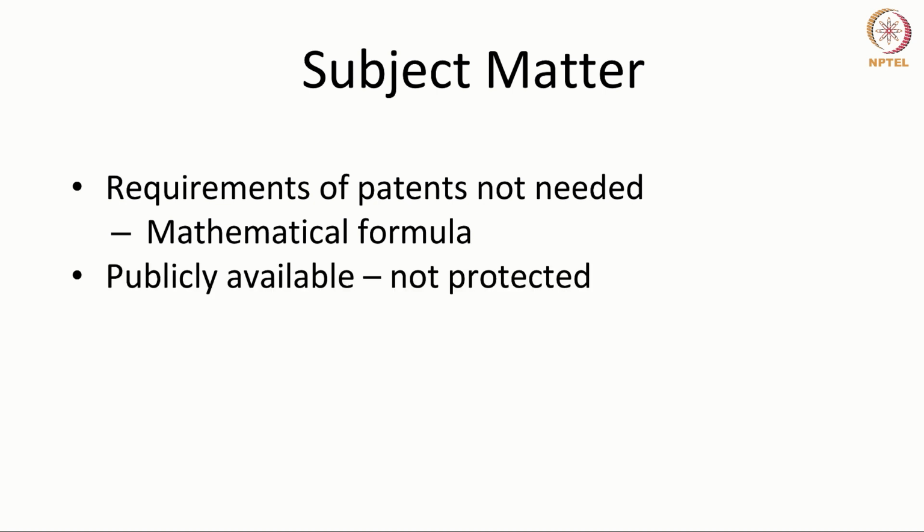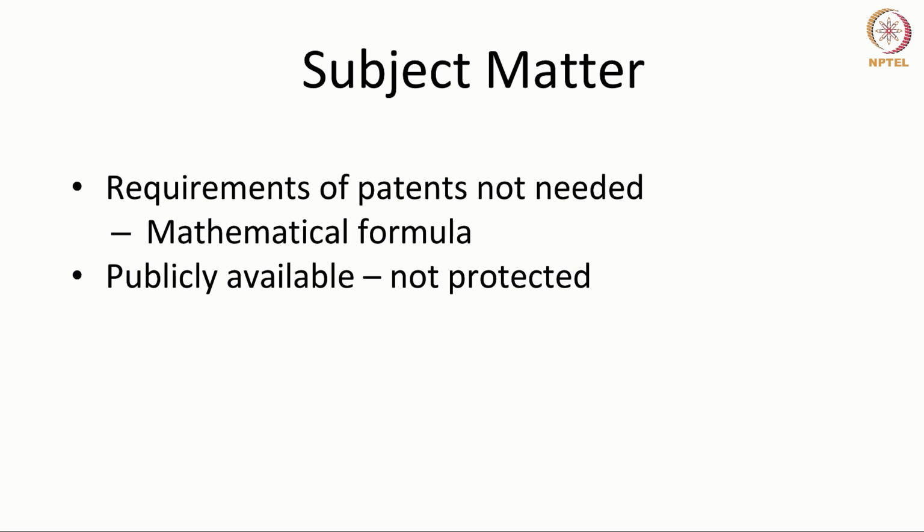Again, the subject matter of confidential information will not cover publicly available information. As the regime casts a restriction on disclosure and use of information, if the information is already available to the public, then it is meaningless to have a restriction on the disclosure because it's already publicly available from a different source.